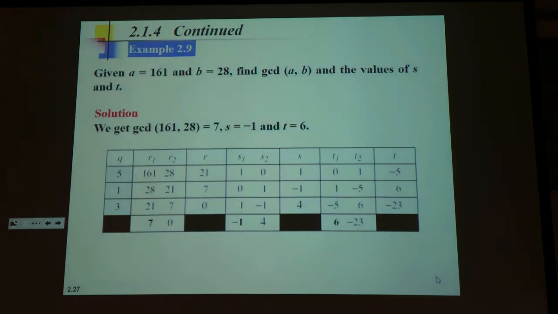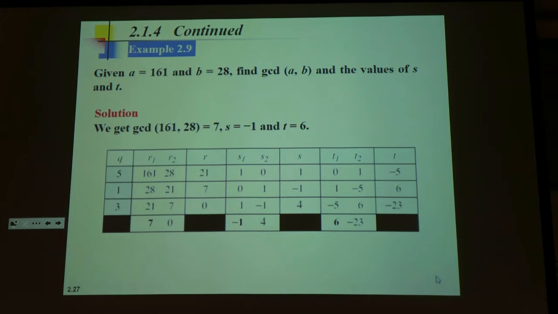So here is the example. Given A 161, B 28, find the greatest common divisor and the values of S and T. So we need to get the greatest common divisor, which is 7, S is minus 1, and T equals 6.